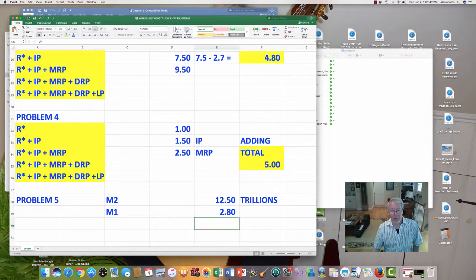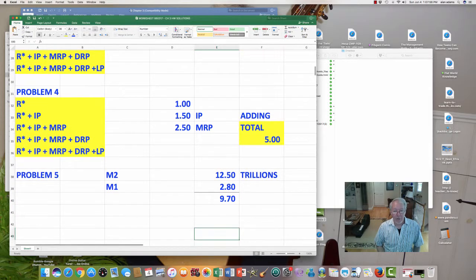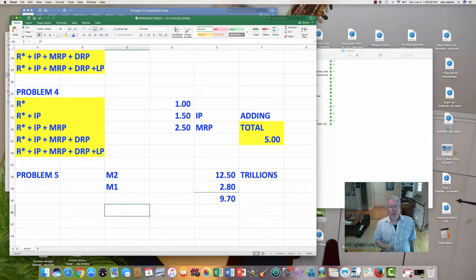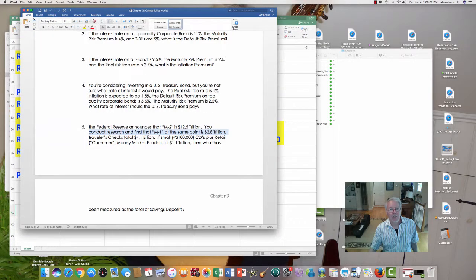So the differences that make up M2 over and above M1 are going to total 9.7 trillion. Now, we say to ourselves, what is in M2 that is not in M1? And we'll deduct that as well. I know that I deduct small CDs, and I know that I deduct money market funds.